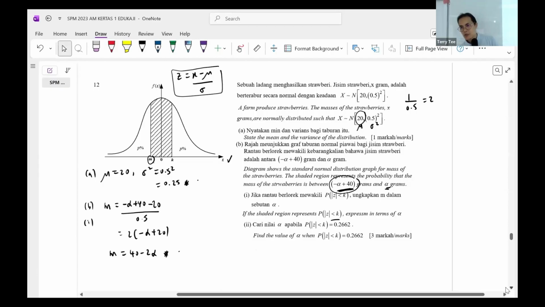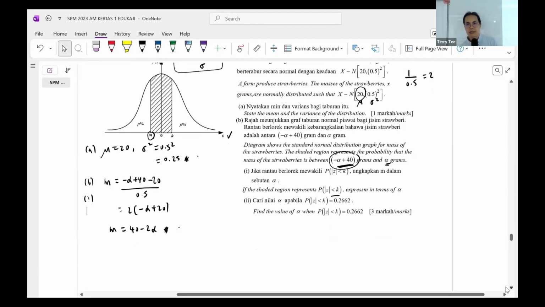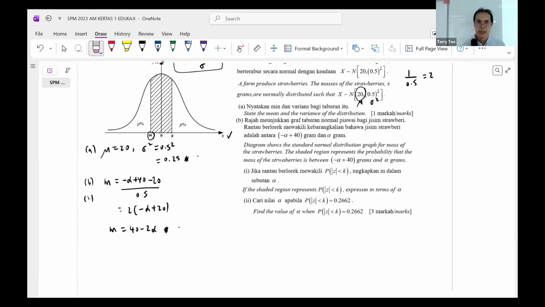Okay, B Roman 2, I need a bit more space. I'm going to move up a bit. Right. They say if the shaded region is represented by this, modulus of Z less than K, and this value is now 0.2662. Okay, this one you can use mathematical table or calculator. So I think before we do that, let me express this in terms of the upper tail.